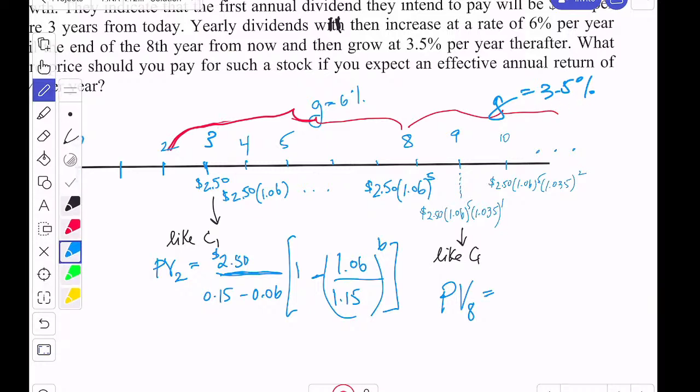So the first cash flow for the perpetuity is $2.50 times 1.06 to the 5 times 1.035, and it's growing, so it's 0.15 minus 0.035. All right, questions?